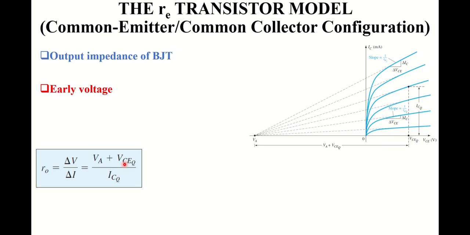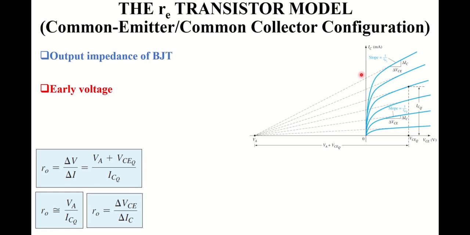Therefore, the output impedance can be written as R0 is approximately equal to VA over IC, where we have ignored the effect of VCE, as VA is quite larger than VCE. For situations where the value of early voltage is not given, the magnitude of output impedance can be calculated by R0 is equal to del VCE over del IC, where VCE is the voltage of the x-axis and IC is the current of the y-axis.